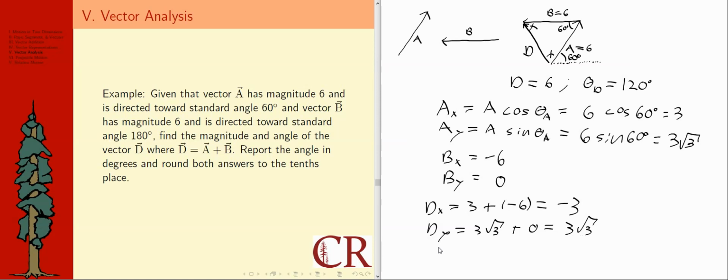And then if you wanted to, you could go into that formula for the magnitude of D, which is equal to the square root of D sub x squared plus D sub y squared. Since I've been working with numbers here, I'm just going to put those in as numbers. So that's going to be 3 squared plus 3√3, and that whole thing should be squared. Now, a question that might come up: some people might say, wait a minute, that was a minus right there.